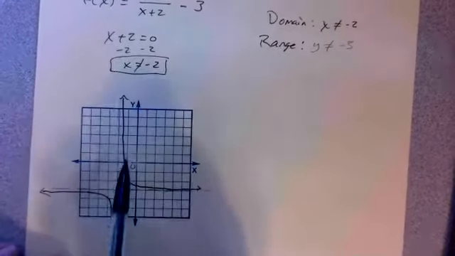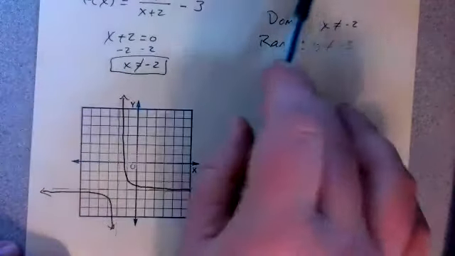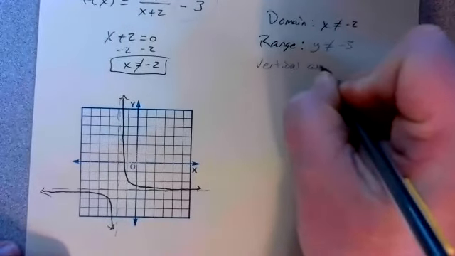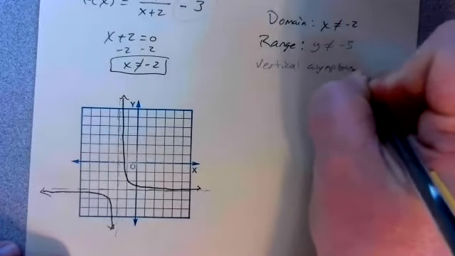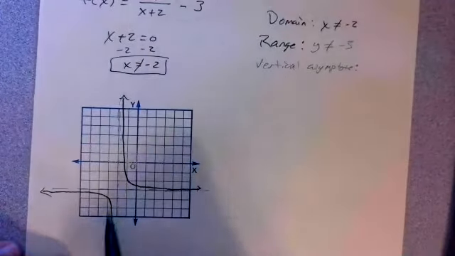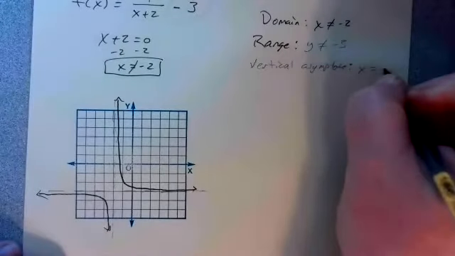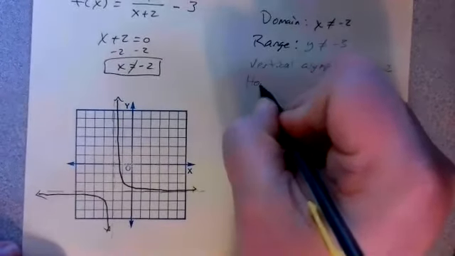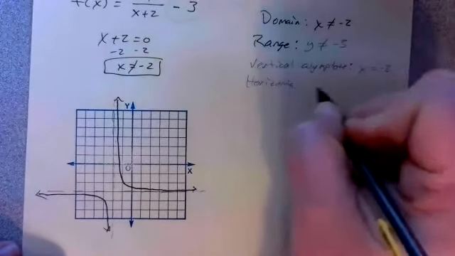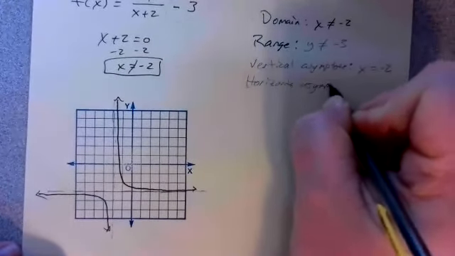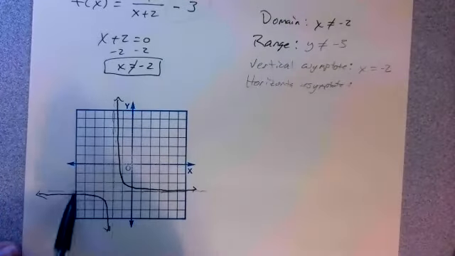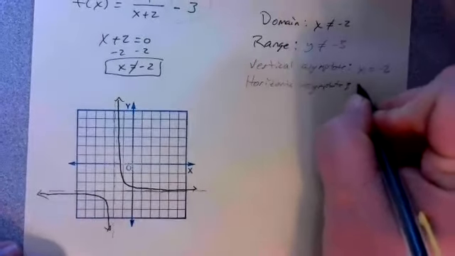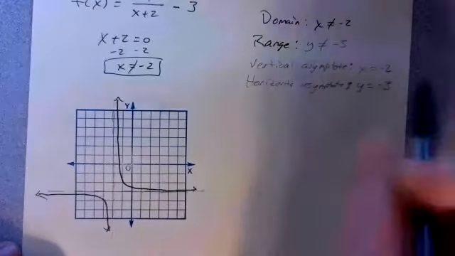Now let's say the vertical asymptote. So our vertical asymptote is the line x equals negative 2. And our horizontal asymptote, this one here crosses the y-axis at negative 3. So that is going to be y equals negative 3.